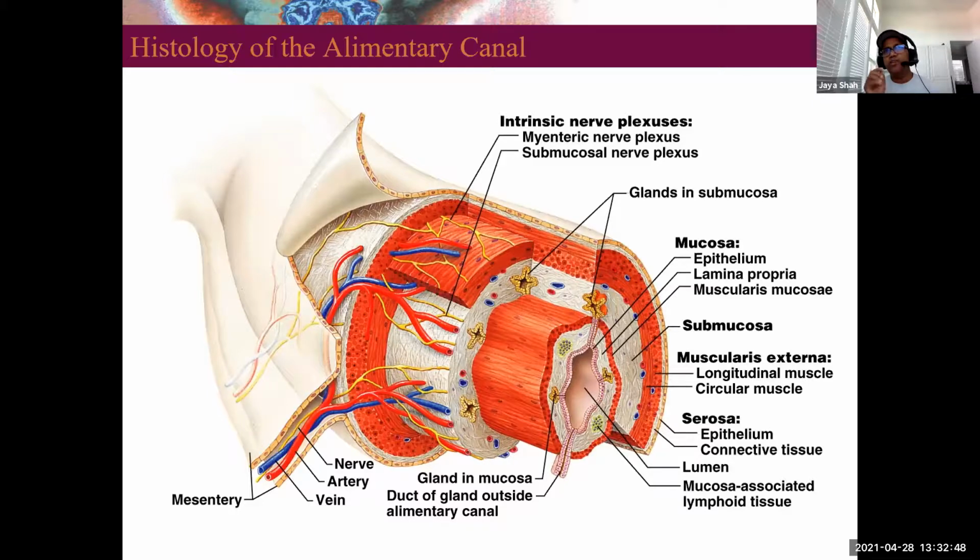And this is most pronounced in the last part of the small intestine, which is called ileum, because ileum is continuous with the large intestine, which contains feces, which has a lot of bacteria, and that can come into the small intestine and infect your sterile small intestine. That's why these guards are put in position there. Okay, a lot of stuff in the mucosa I have talked about here.